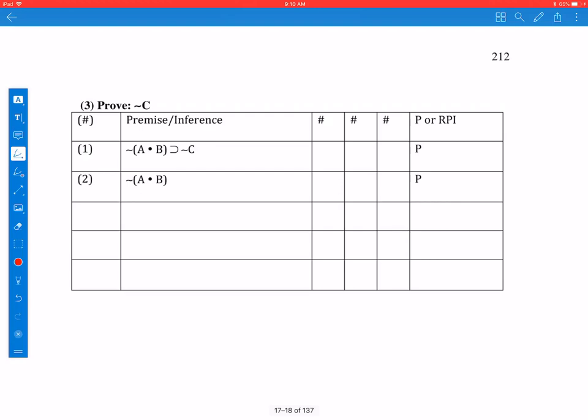Okay, this problem right here, 1 and 2 are premises, and we have to prove not C follows from 1 and 2.